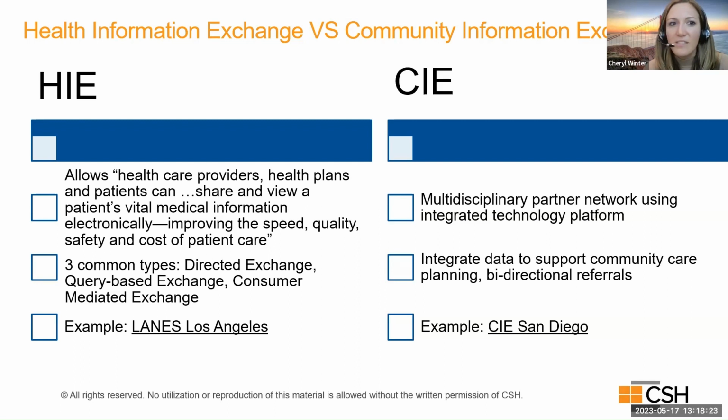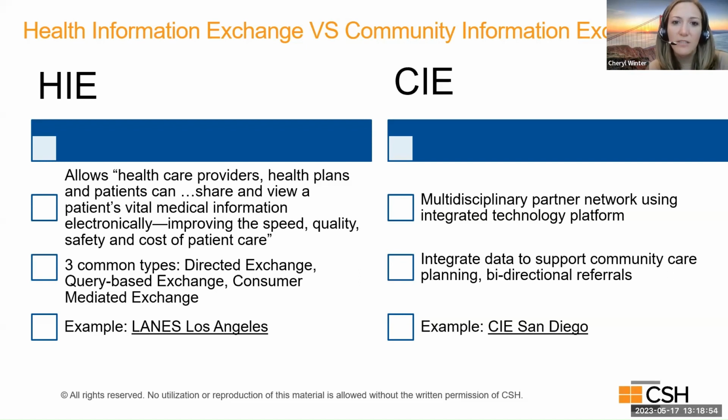Whereas a health information exchange is primarily healthcare providers, a CIE, community information exchange, is really a multidisciplinary network. As members join this network, they can decide to either participate fully and comply with the shared language, shared data systems, and share information to the entire network, or they can choose to participate by simply receiving referrals.